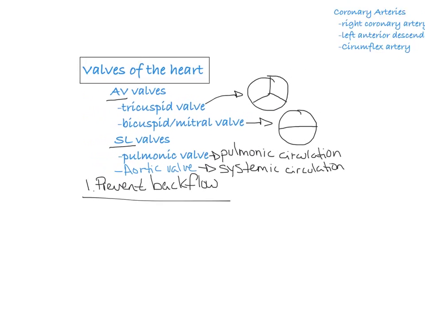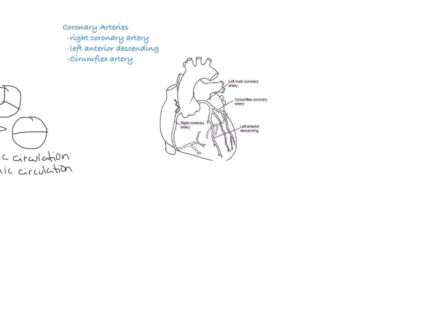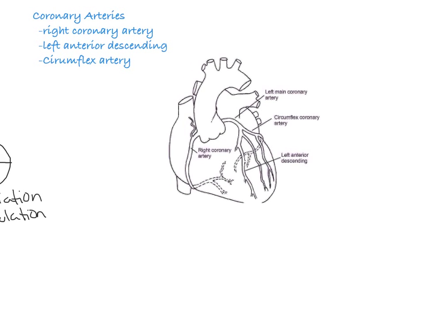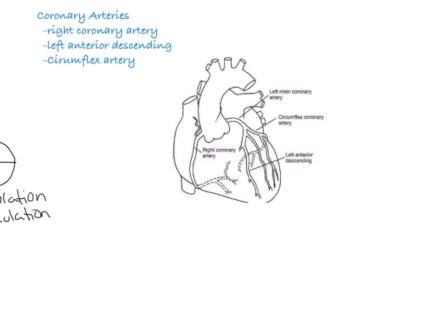Let's go into the next part, okay, which is right here, the coronary arteries. So now we're going to have 3 coronary arteries that I want to talk about really fast. And so these arteries are going to nourish the heart with oxygen and nutrients. So I'm just going to write it out over here.